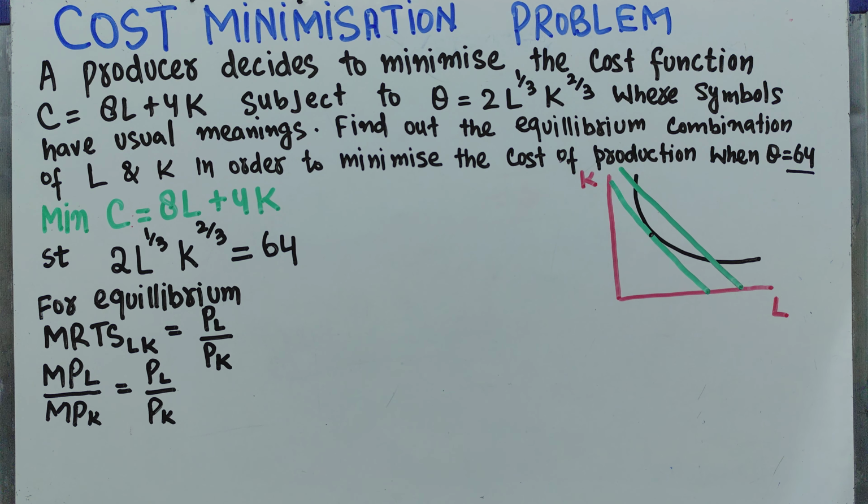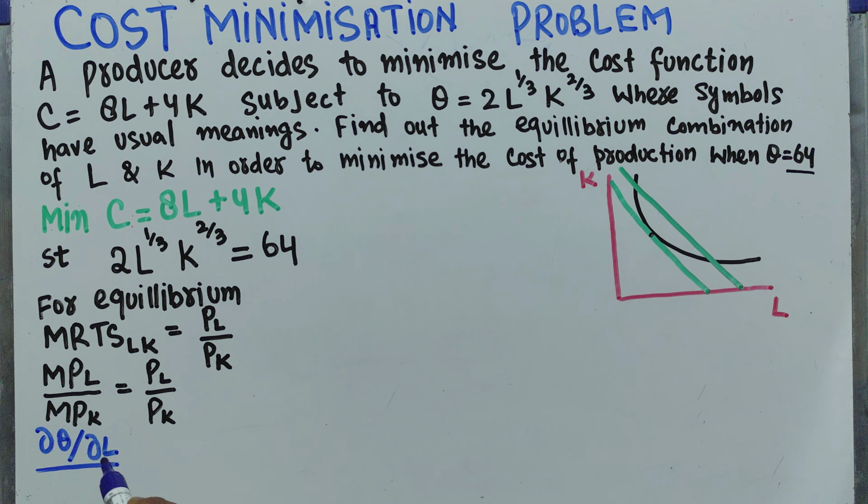Now we need to see what is meant by MPL. Marginal product of labor means the change in the production due to the change in the input, which is L here. The change in the total output due to the change in the input labor is the marginal product of labor.